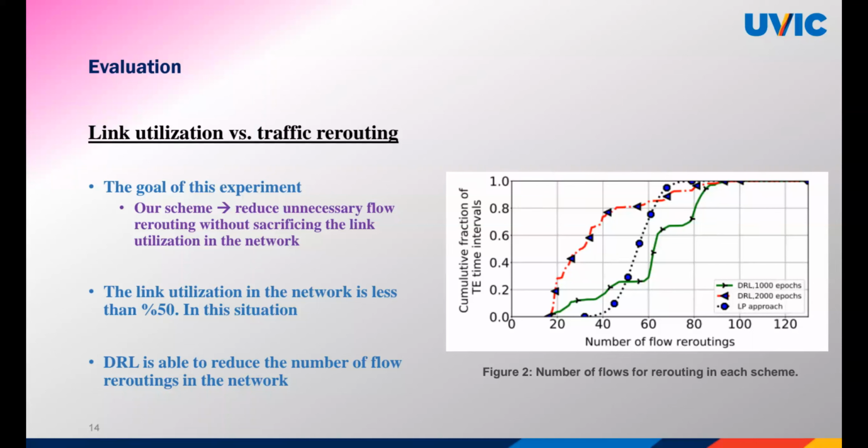In linear programming approaches, they don't consider the rerouting cost. Because of that, they can reroute different flows to get the minimum maximum link utilization. But when we use DRL, we want to minimize the rerouting of the flows. So maybe we cannot reach the exact minimum maximum link utilization, but we can reach the near optimal minimum maximum link utilization.